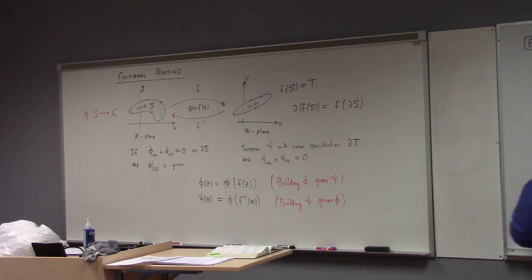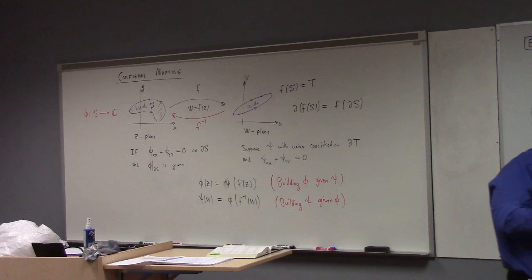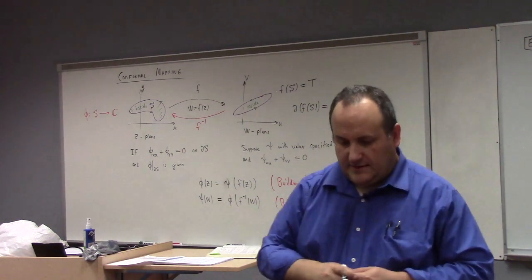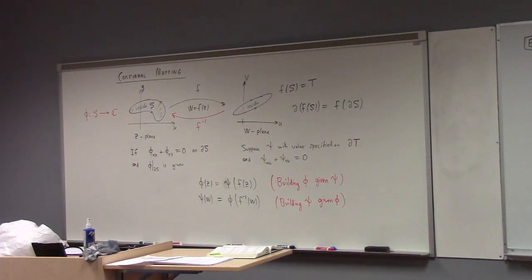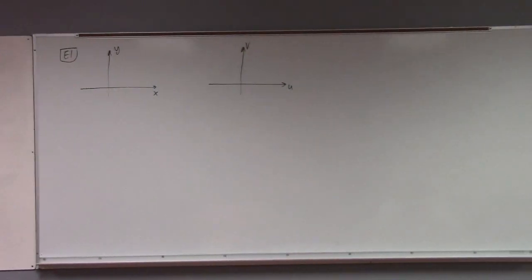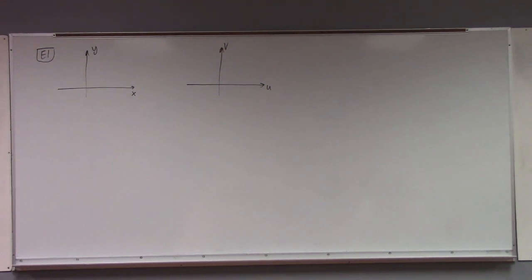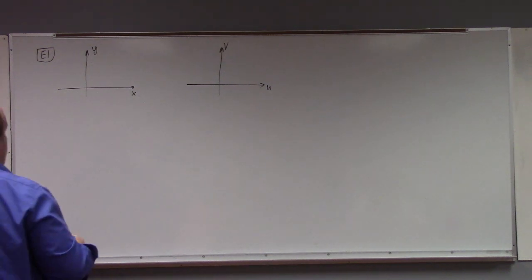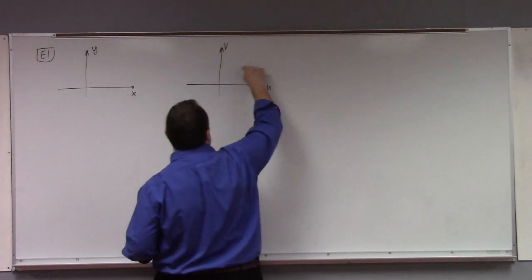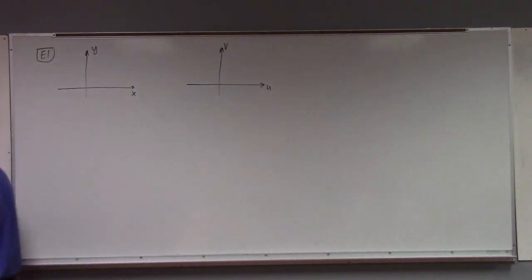x, y. So I'll let you guys over here u v. And let's just write down a solution to Laplace's equation in the w plane using the techniques we talked about last time. Let's write down a solution, say on this half plane, for instance, such that I'll make it relatively simple.